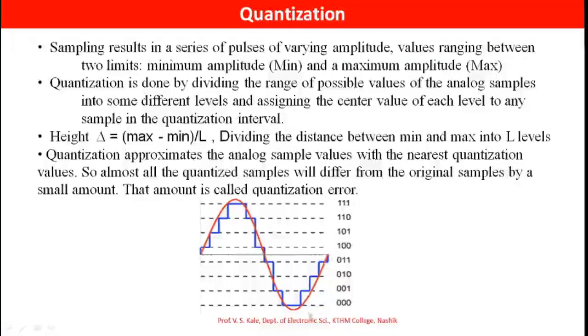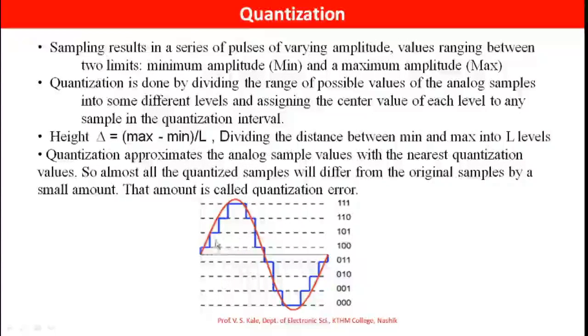Let us see the figure. Horizontal dotted lines are indicating the quantization levels. Here 8 levels are there. Analog signal is shown. Sampling done with the constant time interval. The quantization is done by dividing the range of possible values of analog samples into different levels.